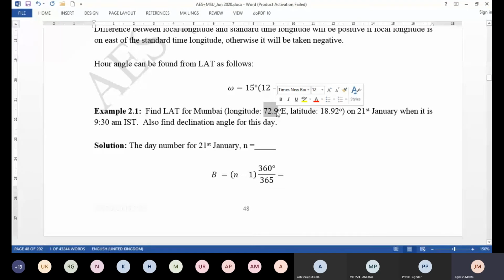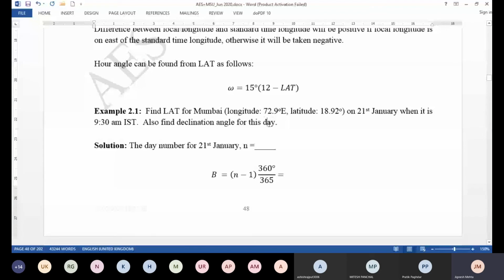If this were given in minutes, how many minutes would this be? 0.9 is equivalent to 54 minutes, but it's not given in degree-minute format. It is given in fraction format, so you can use it as it is.